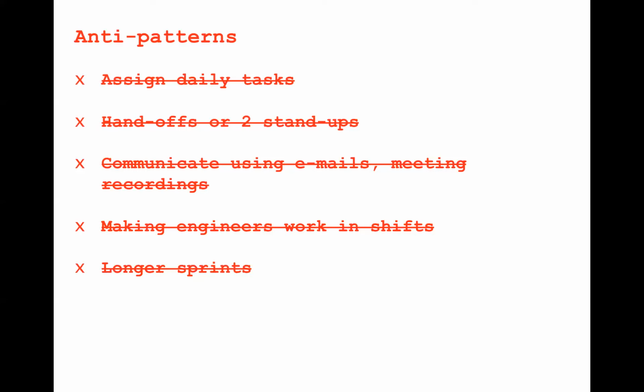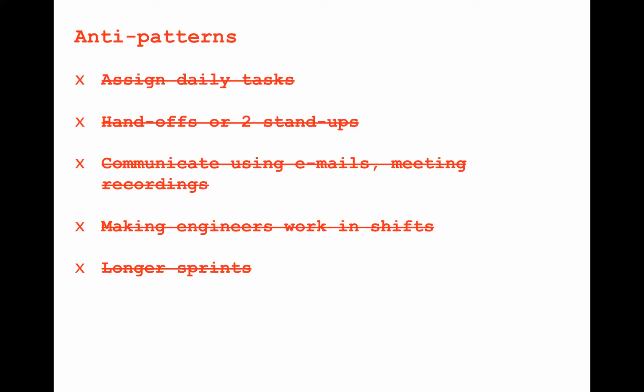Also, there's a notion of having longer sprints, thinking, okay, we're geographically separated, there's going to be noise in the communication, there's going to be some delays in getting clarity, so why not just give us more time in the sprint? That also is a bad idea, because guess what? You are already starting with the notion that we are going to do slow development.